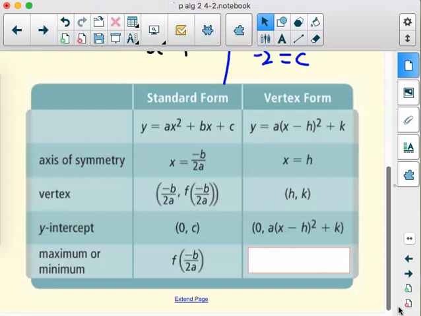And then maximum or minimum. Now think about vertex form and all the stuff that we had up here. With vertex form, where is the maximum or the minimum?